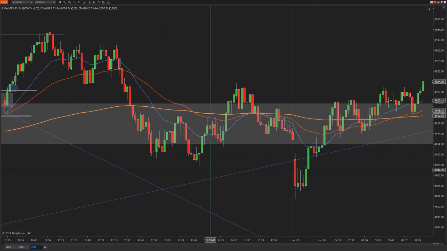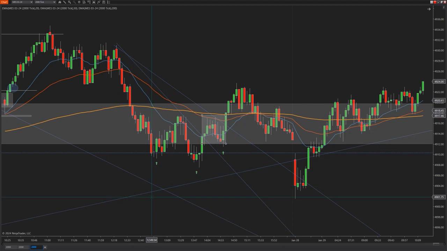Let's take a look at anything that looks similar. Here's a try to sell. Here's a try to sell. Here's a try to sell. Here's a trend line break. Here's a trend line break. I don't exactly know if I would, it's possible that if I was desperate for a trade, I might look at this one as a consolidation.